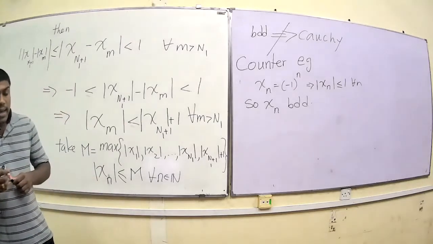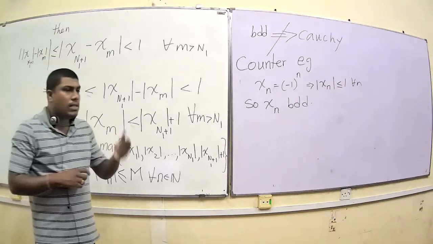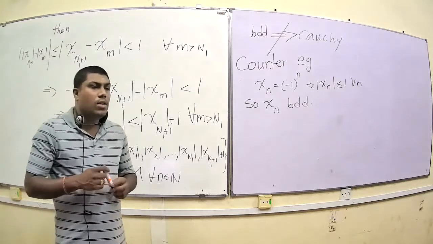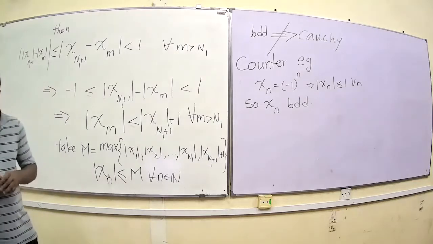So to show that, again, we will use the contradiction method. Contradiction we studied earlier also. That is, you assume the opposite of what you want to show and then get a contradiction.